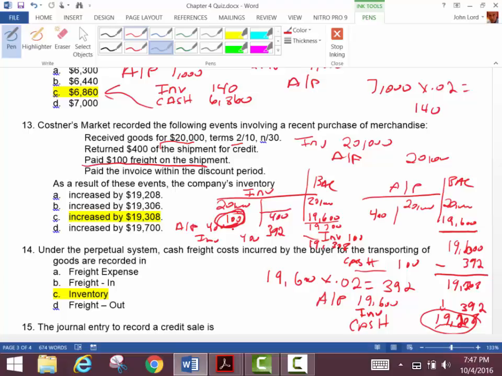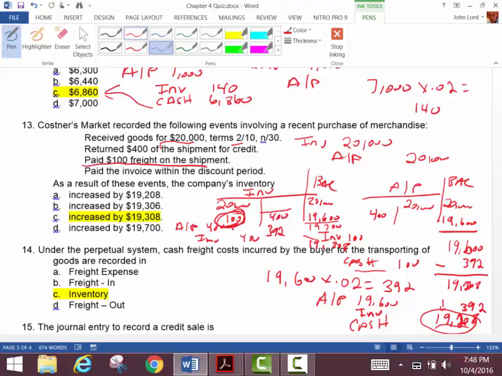Now, I go ahead and I pay the man, and when I pay him, what's 19,600 times 0.98? Because I'm getting tired of this 2% and then subtracting the 2%. 19,208, right? So I got to pay the guy, so what do I do? I debit the account payable for the full 19,600.